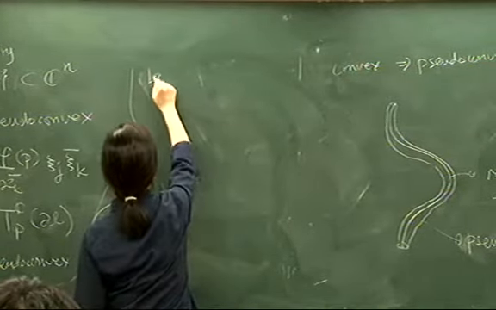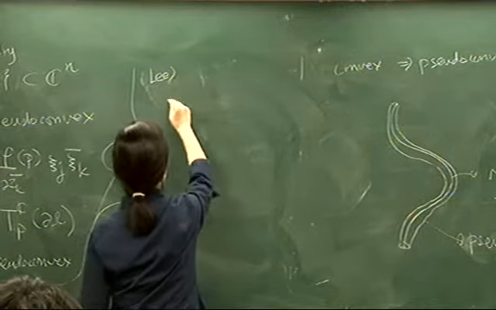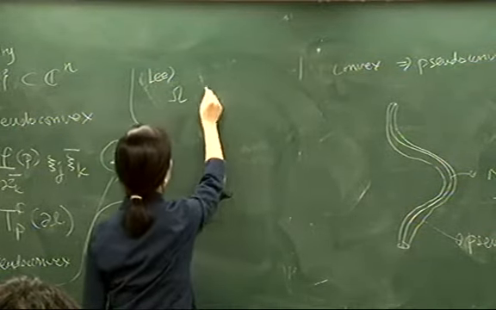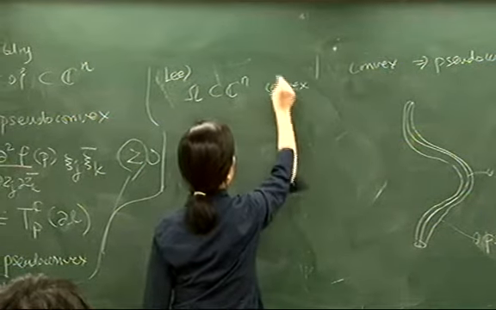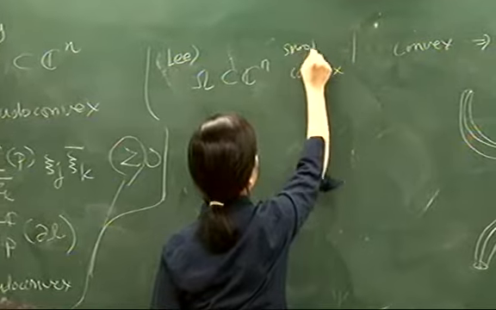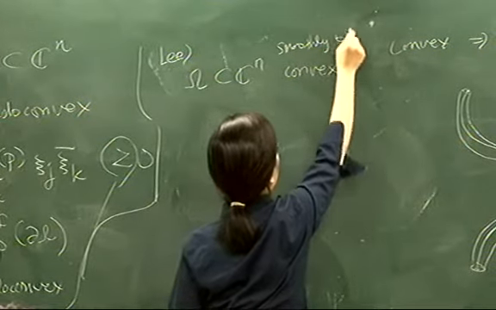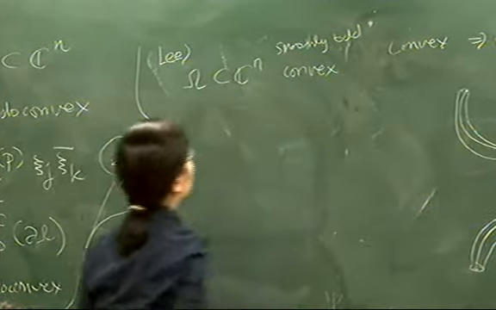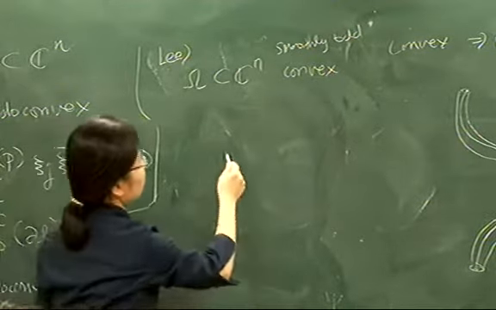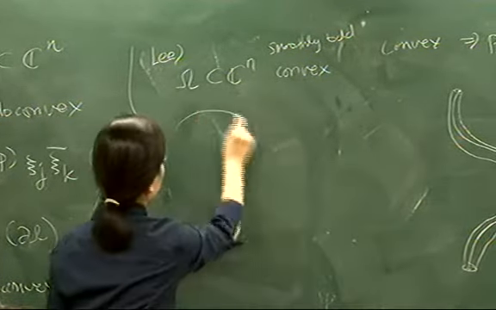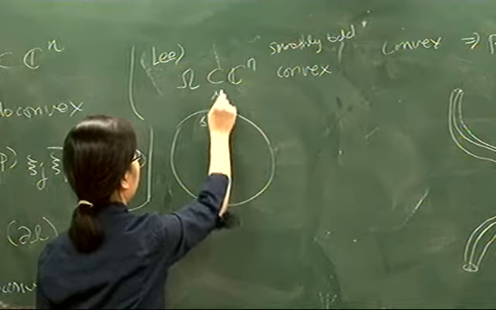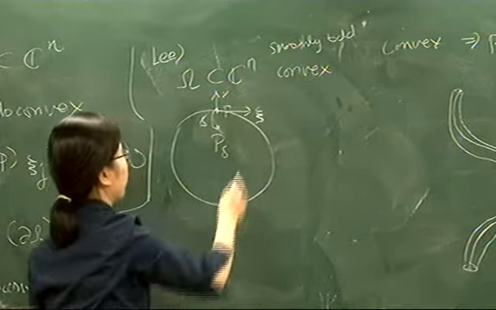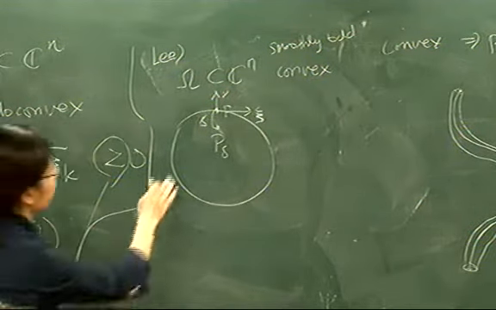It is my theorem that if omega is convex and smoothly bounded, then under the same setting, say p delta, here's p and this is the normal nu, and C is the complex tangential direction.